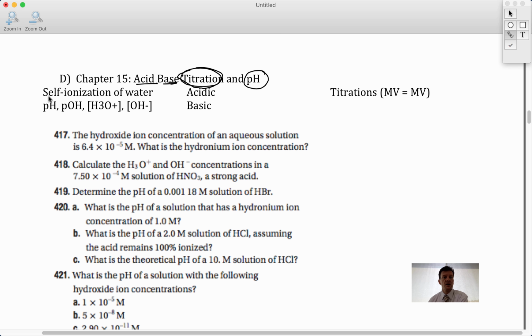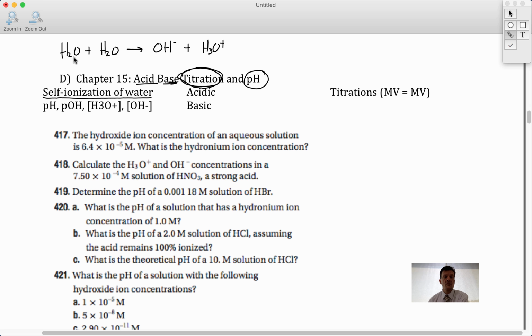Okay? One thing that you definitely have to remind yourself is that water, even though it is a neutral solution, does go through, to a certain extent, self-ionization. What that means is water will donate to itself an H+, and you are going to create, as a result, your hydroxide ion and your hydronium ion.